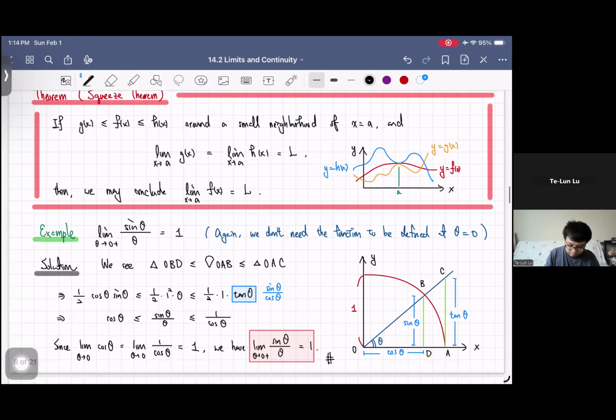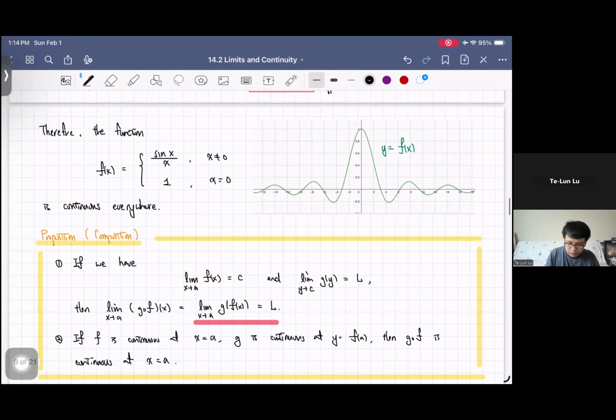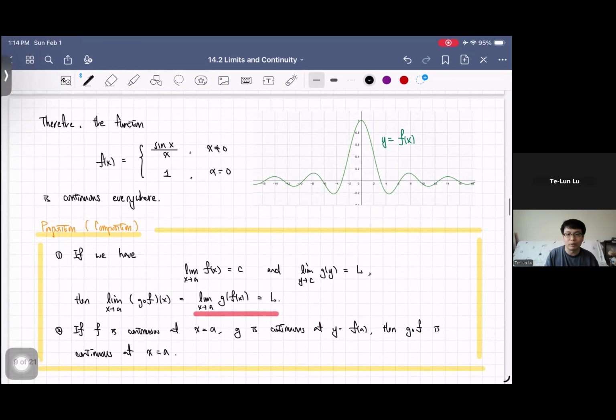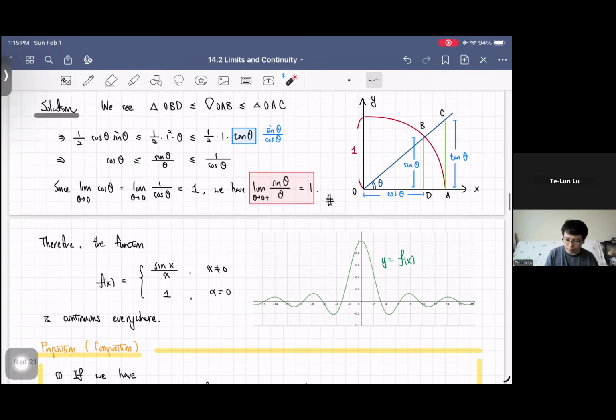Right. So for our last example, oh, sorry, I have a remark to make. This y equals f of x is the function I just mentioned, sine x over x. As we see, this is not defined at 0, right? But we can naturally extend it to 0 in the sense that if I introduce the notation f of 0 equals 1, then it will be continuous because we know that the limit at the point is 1.